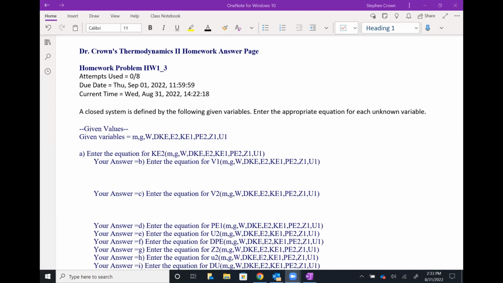I wanted to give a quick tutorial on homework 1-3 as I typically get several questions about this problem. The reason I created this problem was I noticed a lot of students have less difficulty coming up with numerical answers than solving problems symbolically.